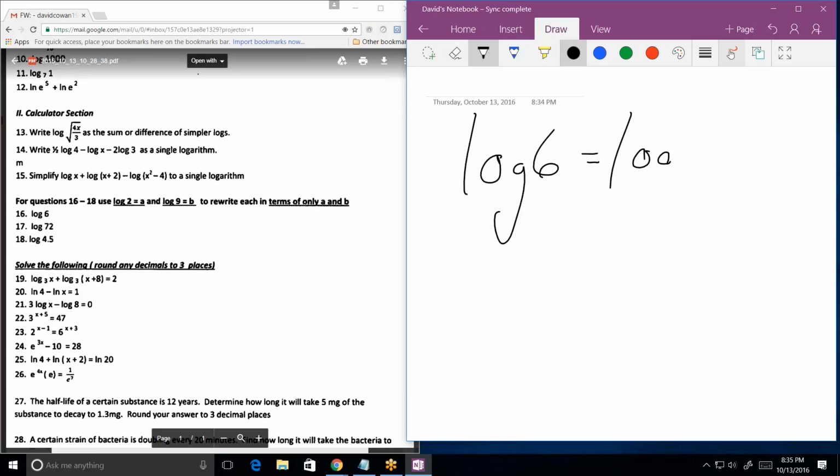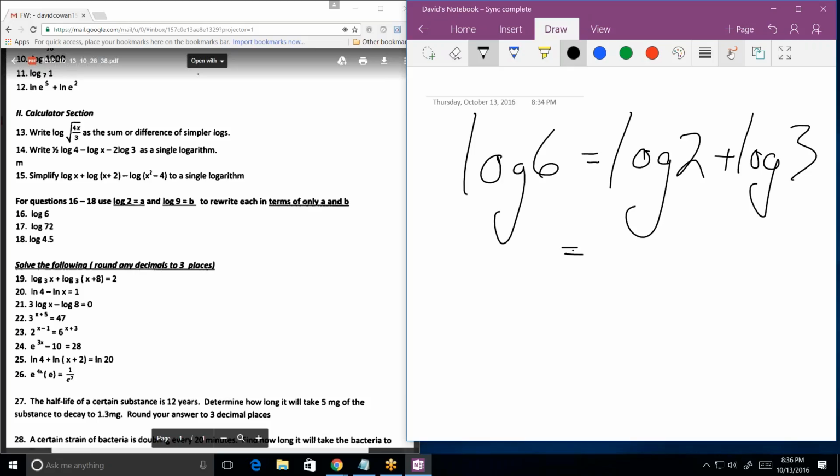That's the same as the log of 2 plus the log of 3, right? With me? Would it just be a plus 1/3 b? Well, hold on. Let's keep going here. So that's a true statement, right? The log of 6 is the log of 2 times 3. Yeah. Okay, and that separates out into the log of 2 plus the log of 3.